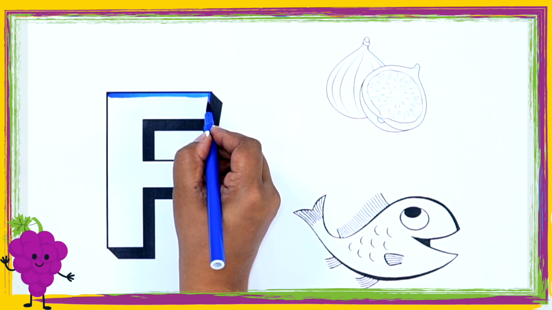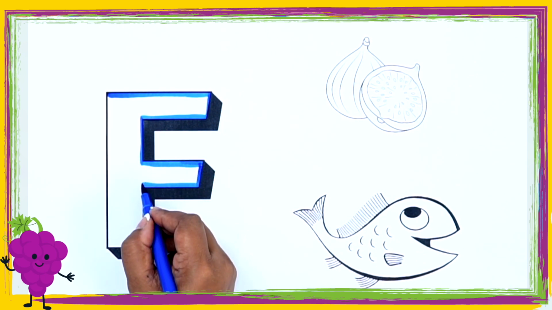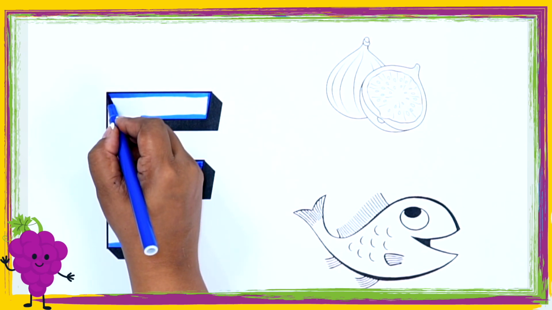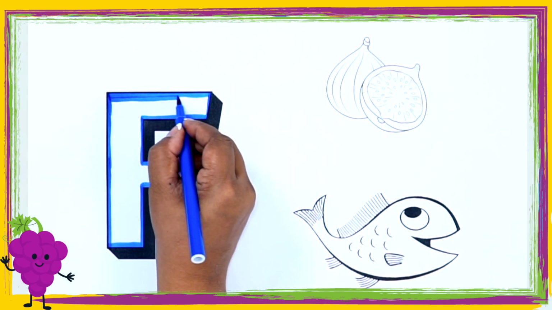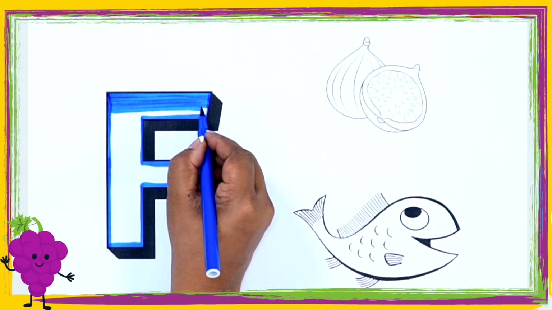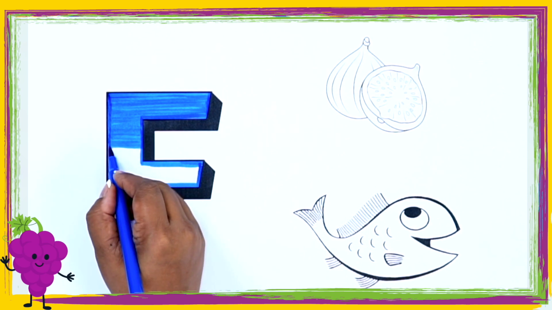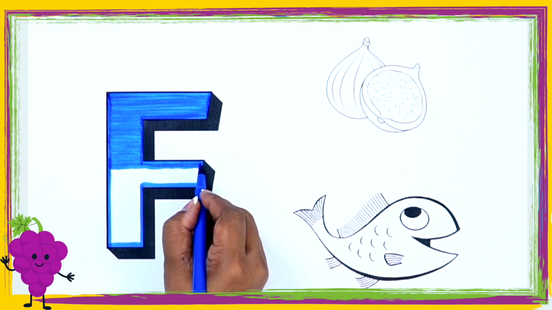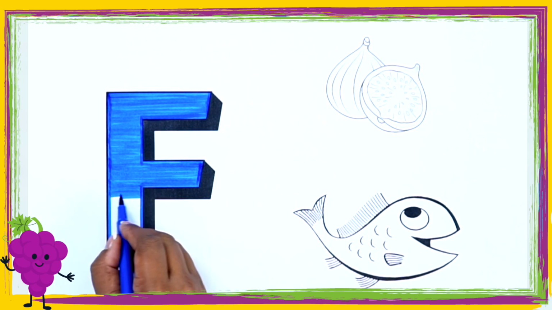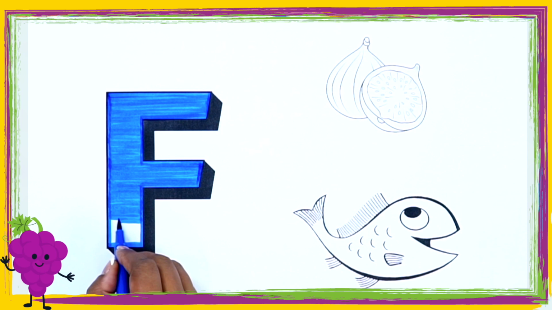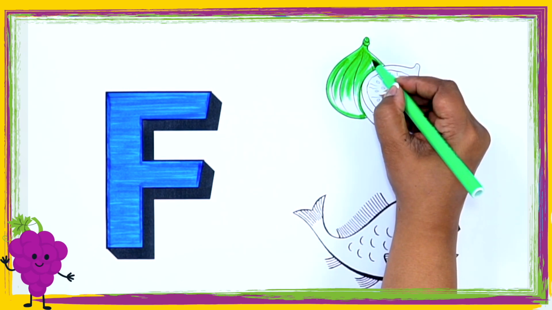Let's color the alphabet F and learn what comes from the alphabet F. F. This is a fig. F for fig.